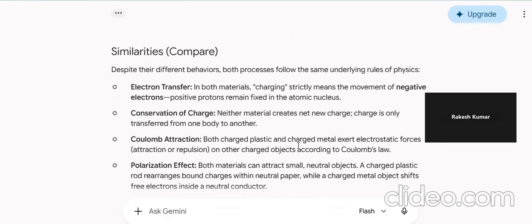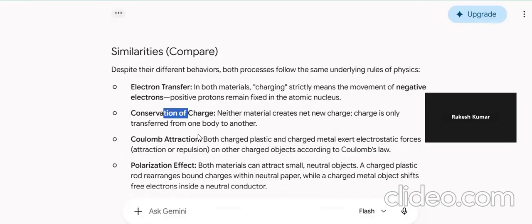So the similarities are basically the movement of free electrons. In metals the free electrons are very free, and in plastics electrons only come within the valence bonds. There are bonds present between two atoms, and the electrons are concentrated there.